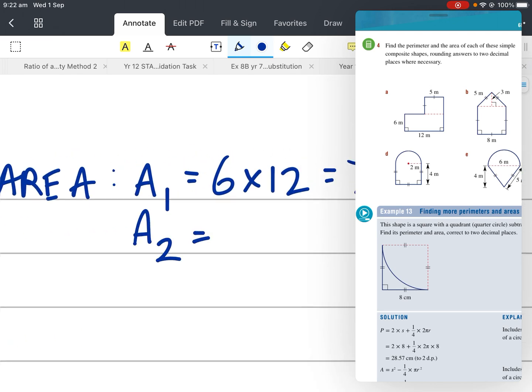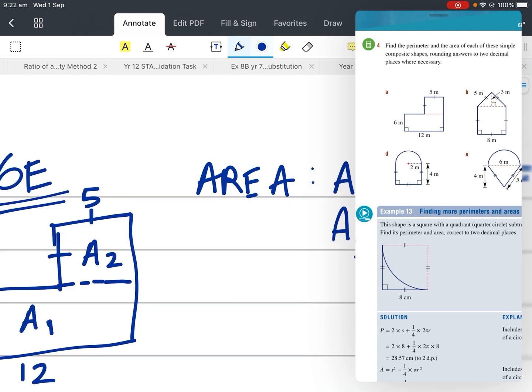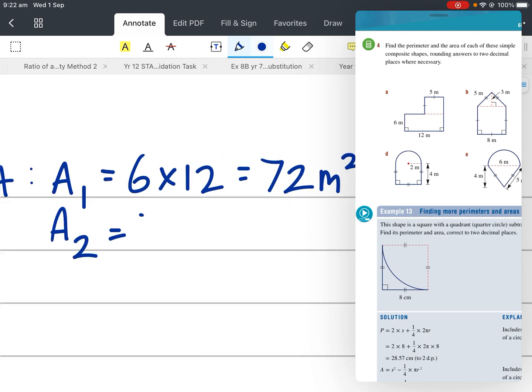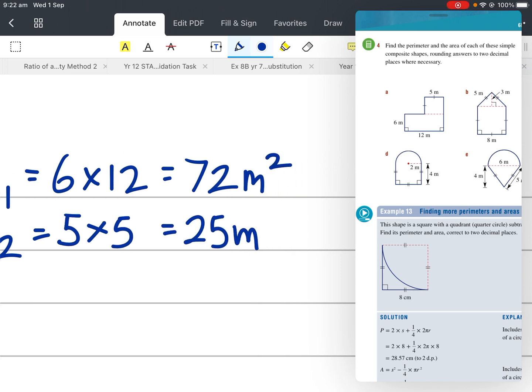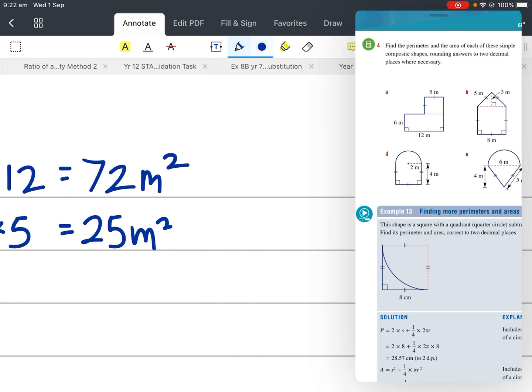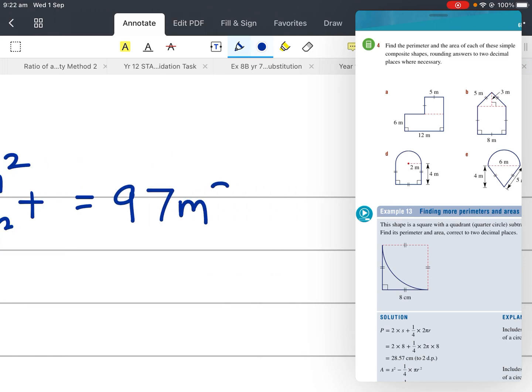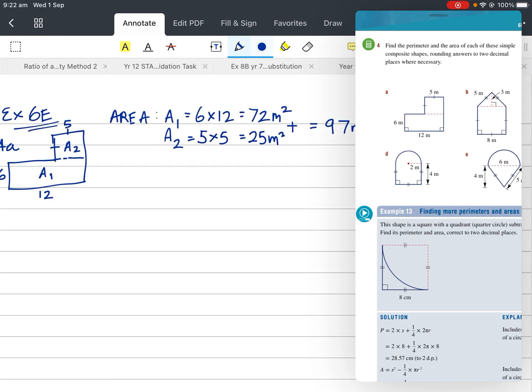So area 2 will be 5 times 5, which makes 25. And then of course with these ones, we have to add those two together, don't we? 5 plus 2 makes 7, 7 plus 2 makes 9. So that answer should be 97 metres squared.